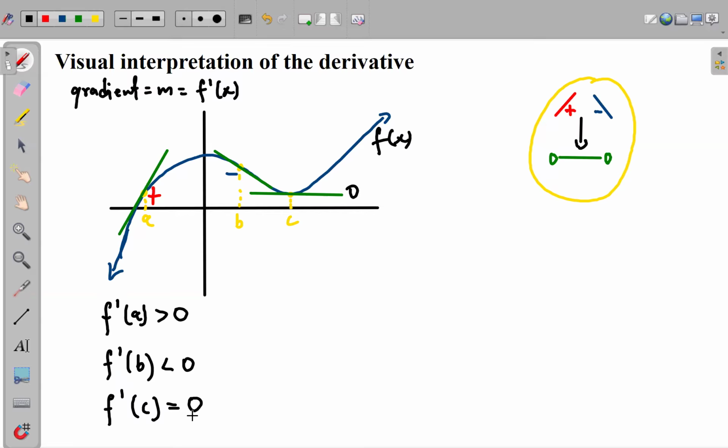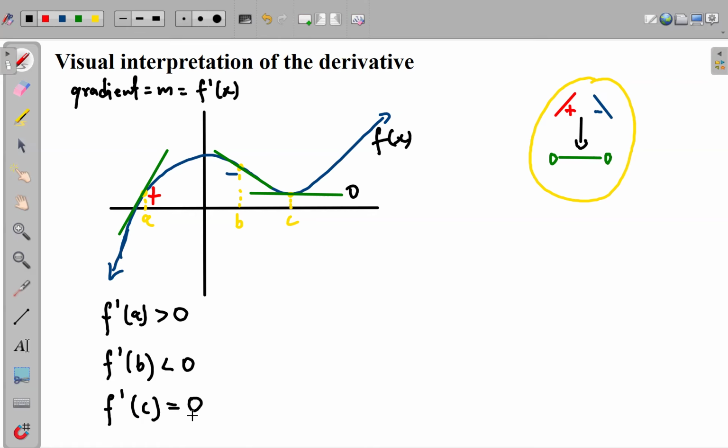These are 3 important cases that you will often need to use, or you'll often need to be able to answer conceptual questions as far as curve sketching is concerned.